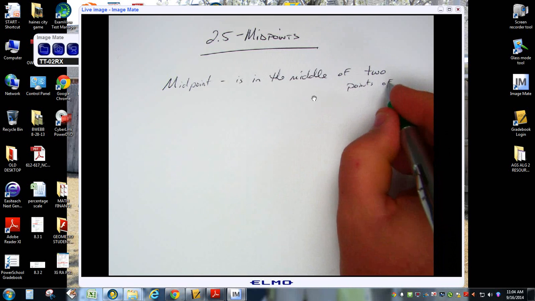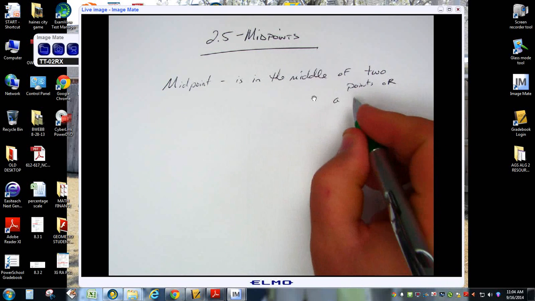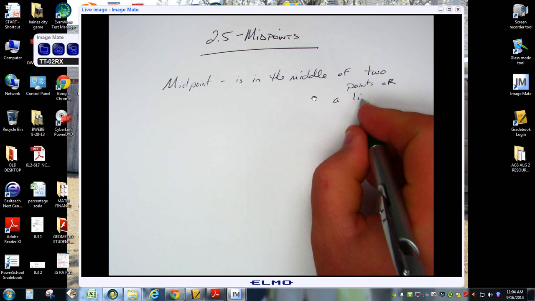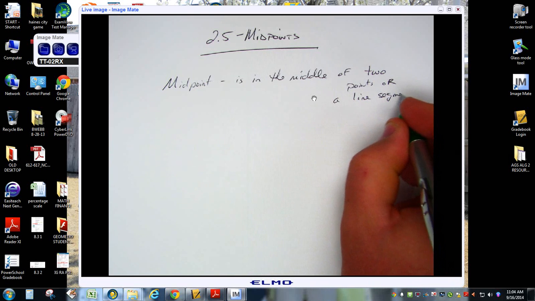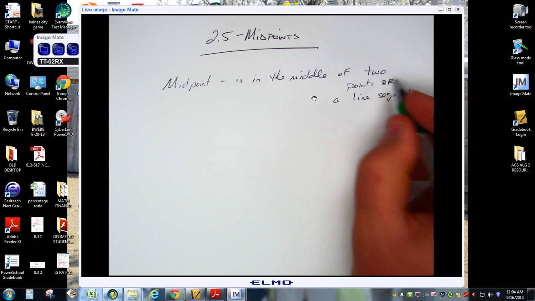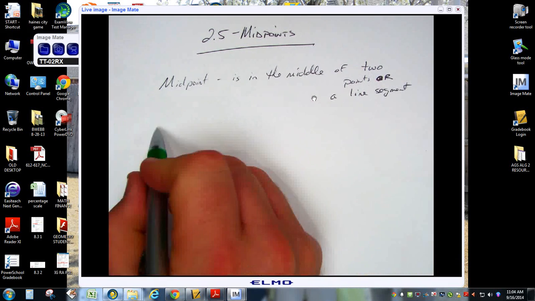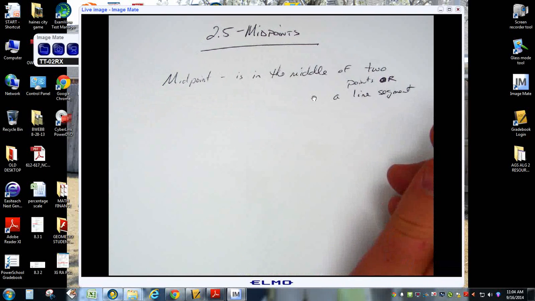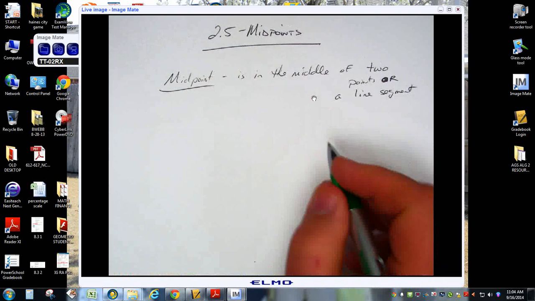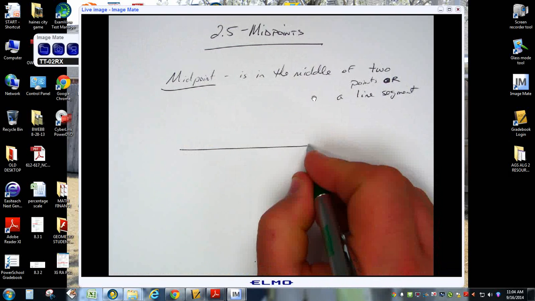Or, what you guys said, a line segment? It's a point right in the middle. And at the end of each segment are two points, correct? So the midpoint's right in the middle.